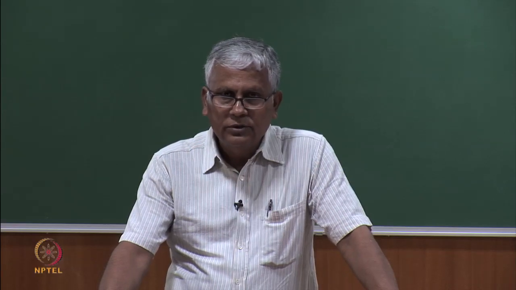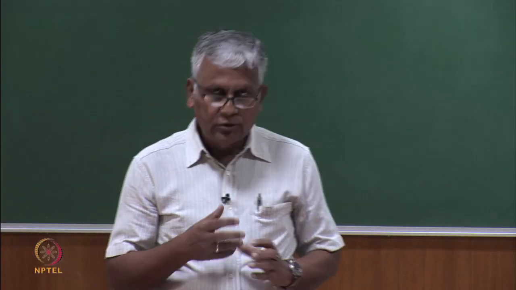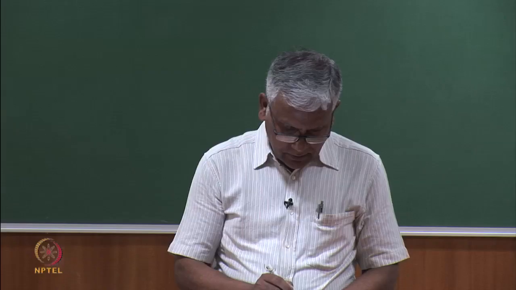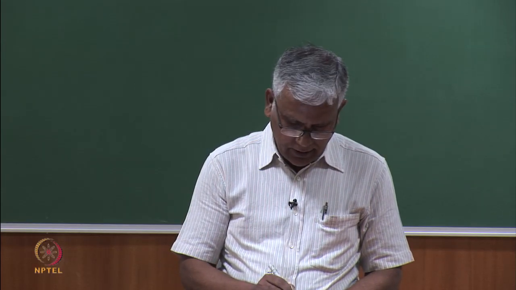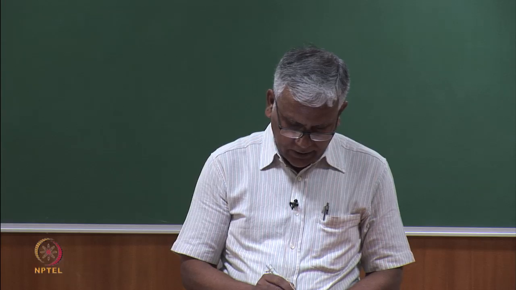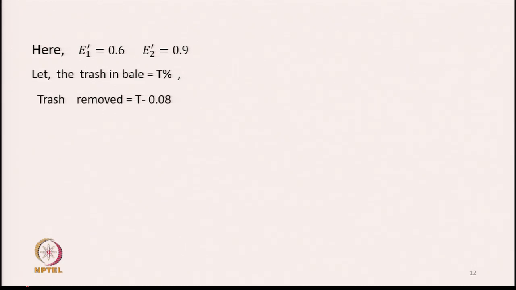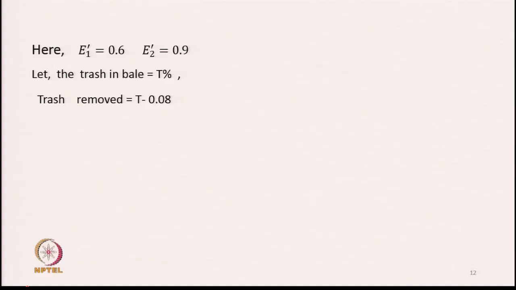Now, think for a few minutes and then try to solve the problem. Okay. So, let me start because we do not have so much time now. What is given is the cleaning efficiencies of blow room and card. So, E1 represents blow room and E2 represents card. E1 dash is 60 by 100, that is 0.6.